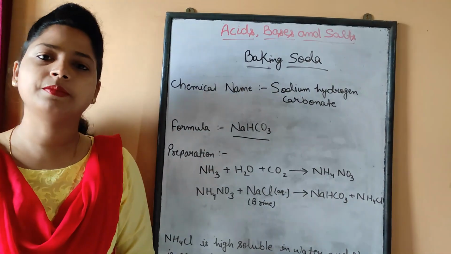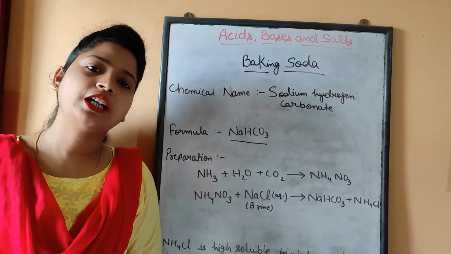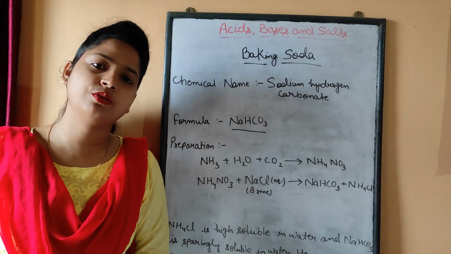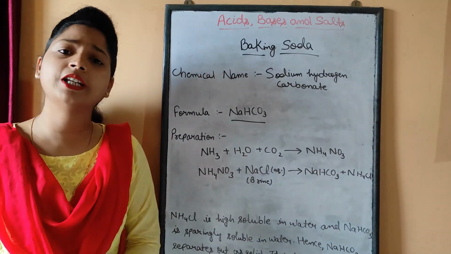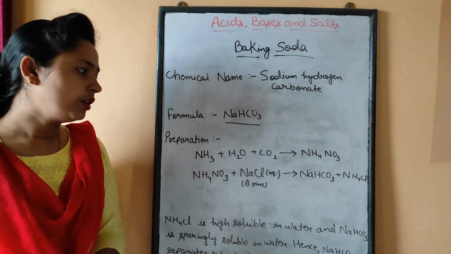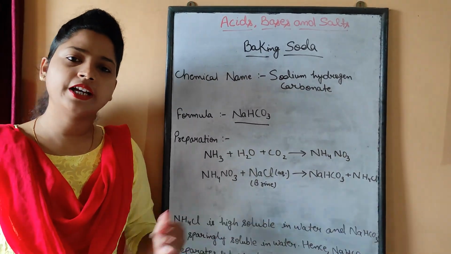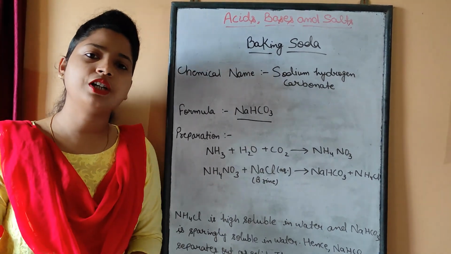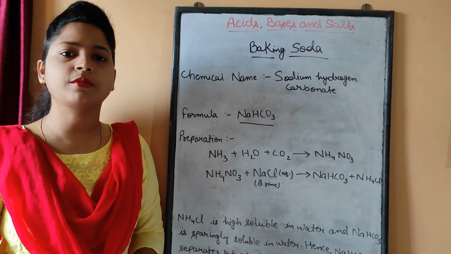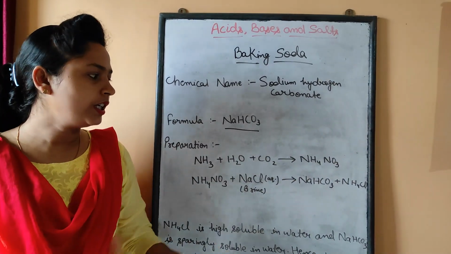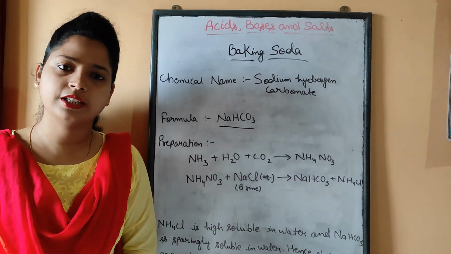In the first step, ammonia reacts with H2O and CO2 to give NH4NO3, ammonium nitrate. Now, this ammonium nitrate when reacted with brine, that is a concentrated aqueous solution of sodium chloride, gives sodium bicarbonate and ammonium chloride.